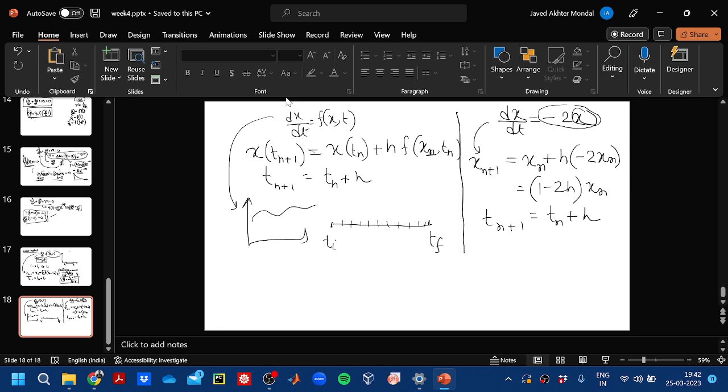Suppose we have taken n equal to 100 intervals, and in each interval we will compute xn and tn with the help of our previous known value. The initial value will be known to us, and from the initial value we will get the first value, and from this one we will get the next value. In this way, if we execute it, we will get all the points here.